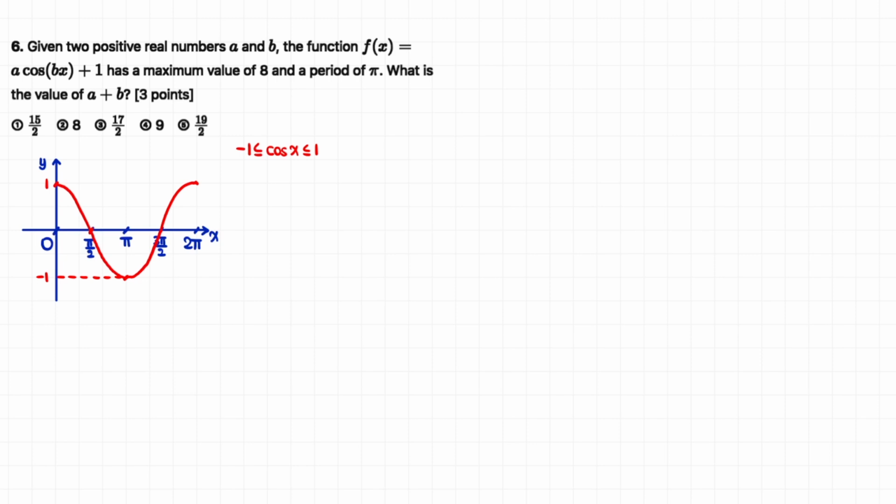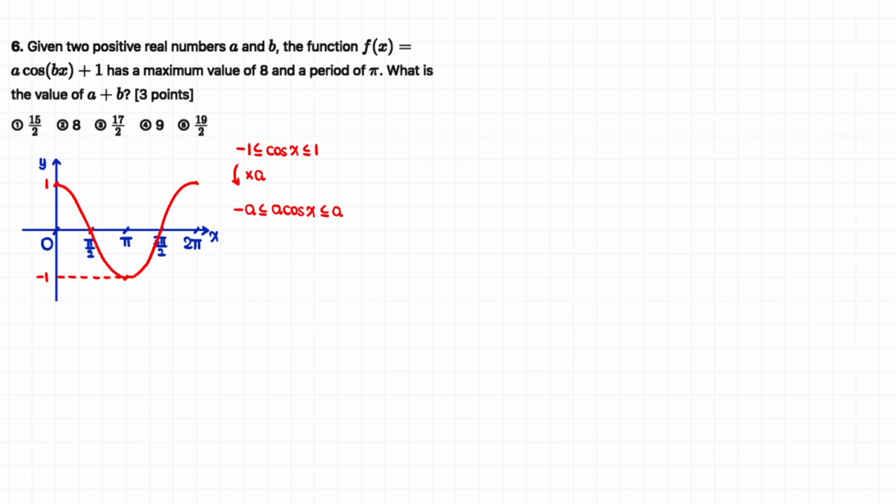And let's go ahead and multiply all parts of that inequality by a. Then we get something like this. And this is how the range changes.